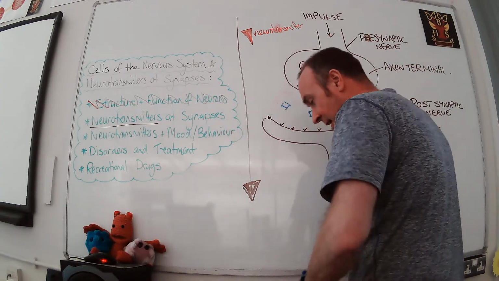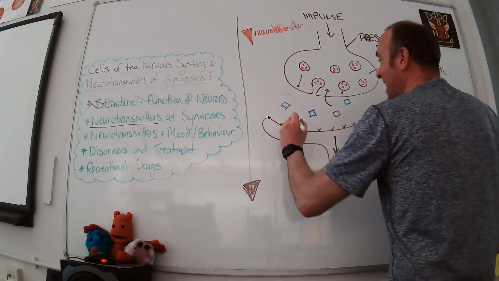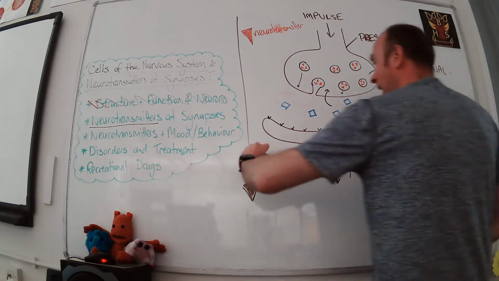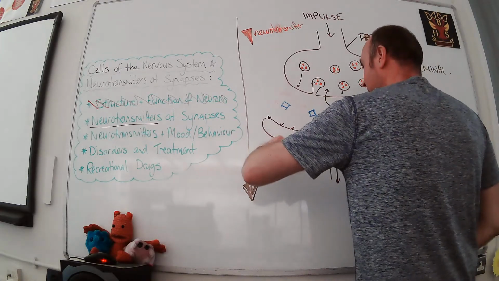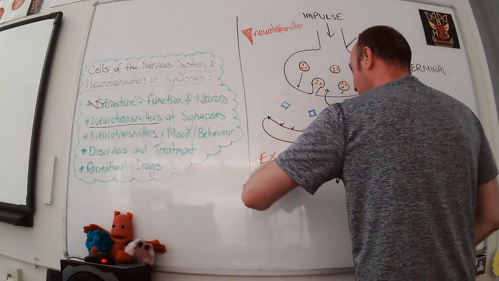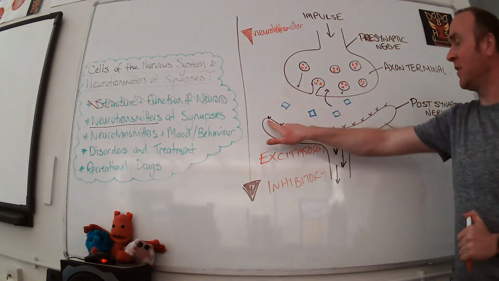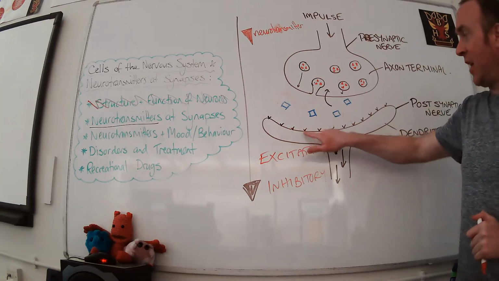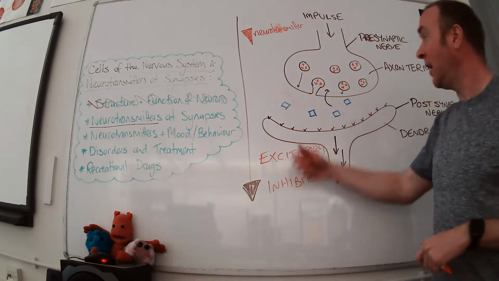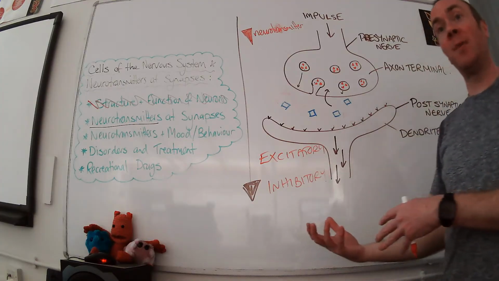Now, bear in mind as well that neurotransmitters can have either an excitatory effect or an inhibitory effect. What that means is that some of these cells will be switched on if neurotransmitter binds, some of them will be switched off if neurotransmitter binds.